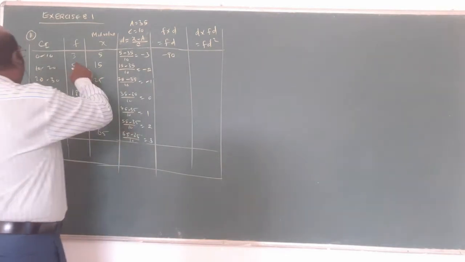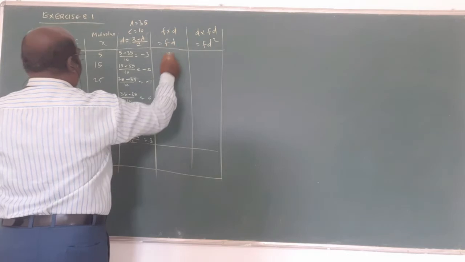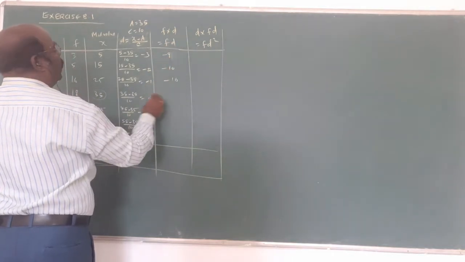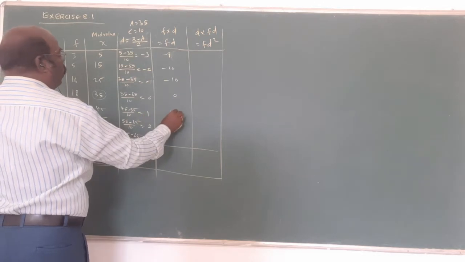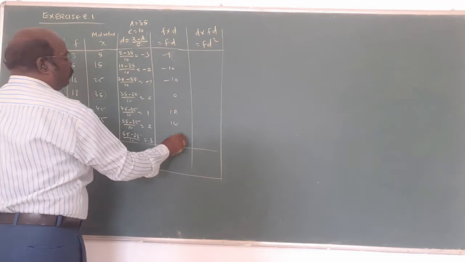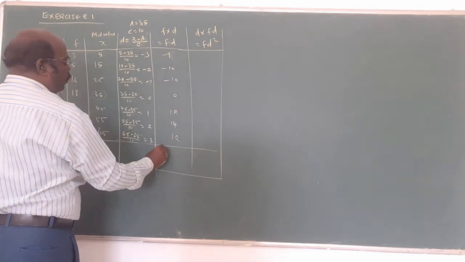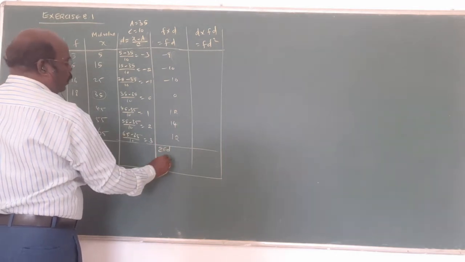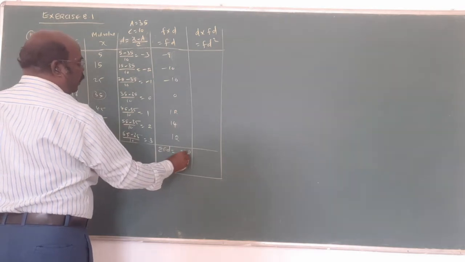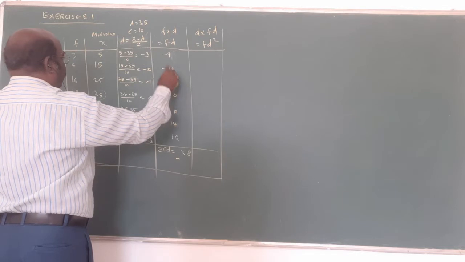Now multiply f into d. Minus 9, then minus 10, minus 16, 0, 12, 14, 12. Now sigma f equal to all the first values.